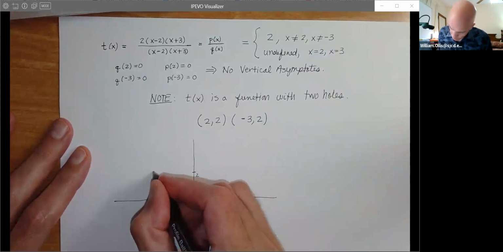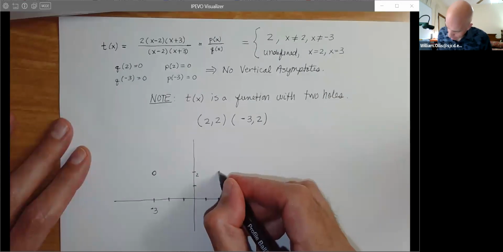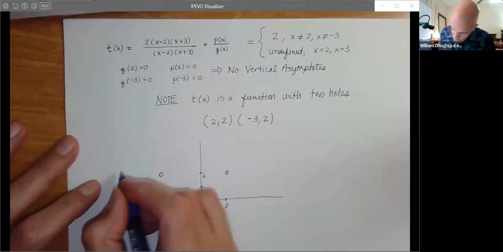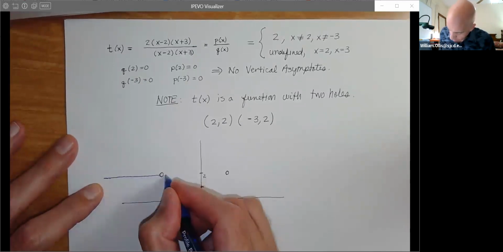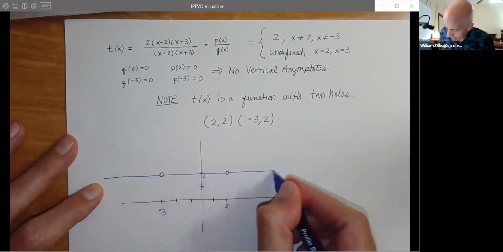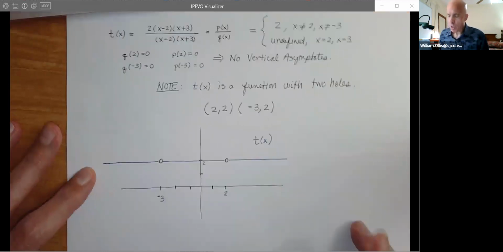So I'm going to put the circle here. I'm going to put the circle here. And here's the graph of the function. It's a horizontal line with 2 holes in it. That's T of x. Don't forget that.